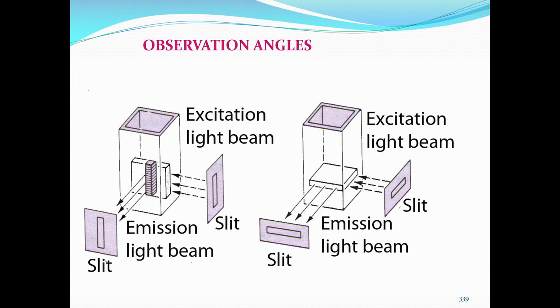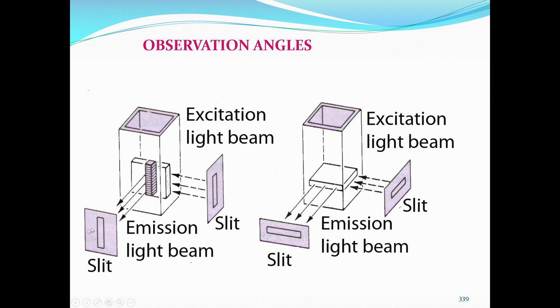So, if I show you the figure for fluorescence, you can imagine how it is coming out like this. Now, I have a slit here, my sample is here and another slit is here. So, my radiation is coming through this slit into the cell, this is the solid angle.